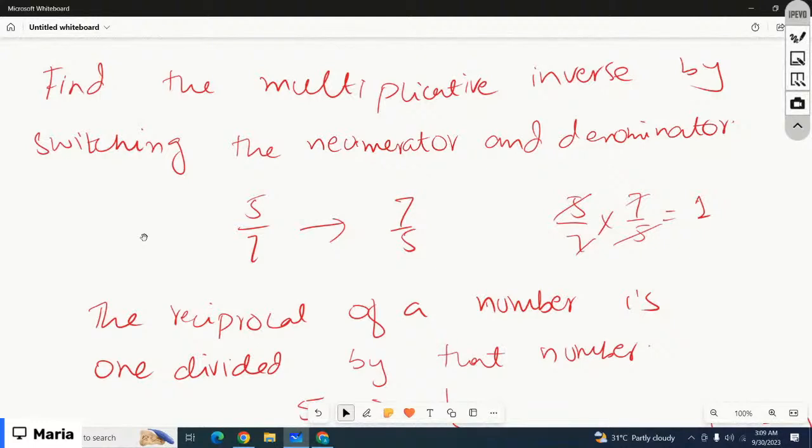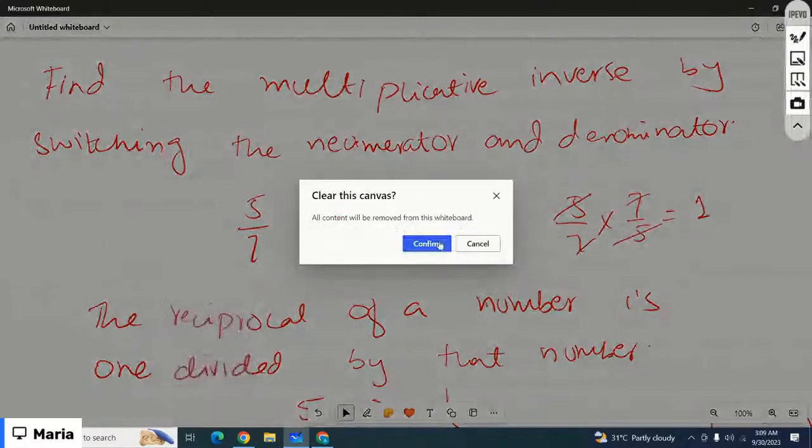Okay, let's start with adding and subtracting rational numbers. As I have already told you, adding rational numbers is the same as adding or subtracting fractions.